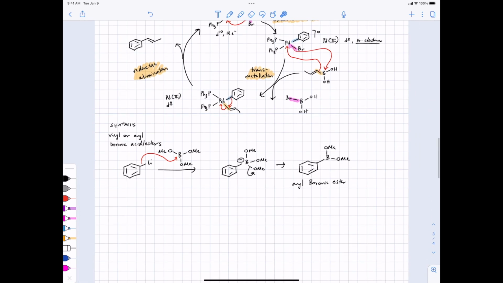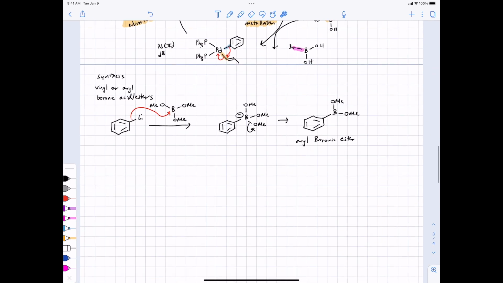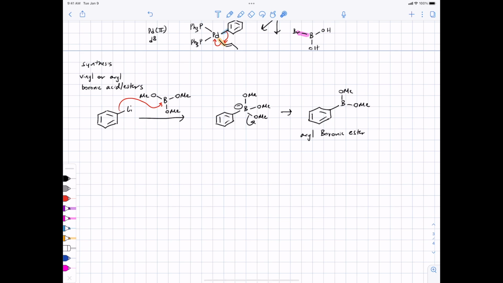So if we did the Suzuki reaction involving this aryl halide and this boronic ester, that would be a way of making a biphenyl system, two benzene rings coupled to each other.